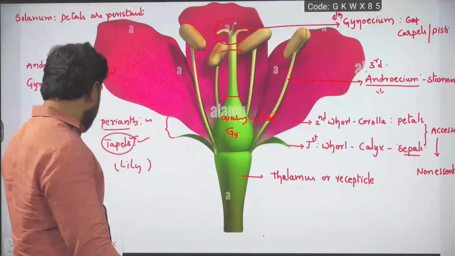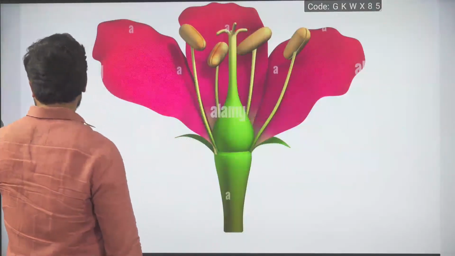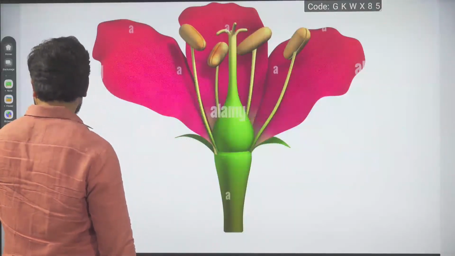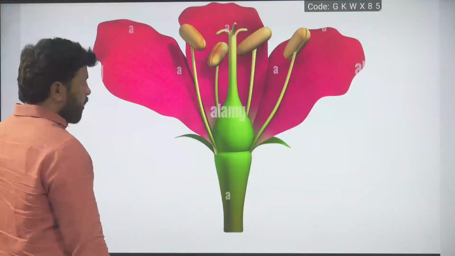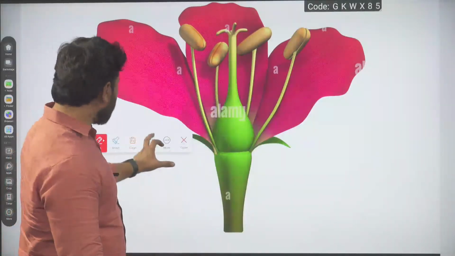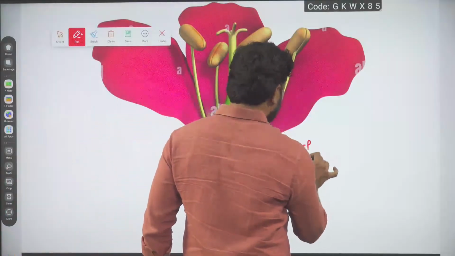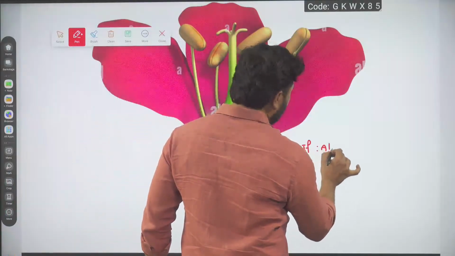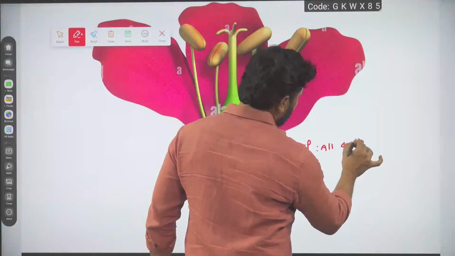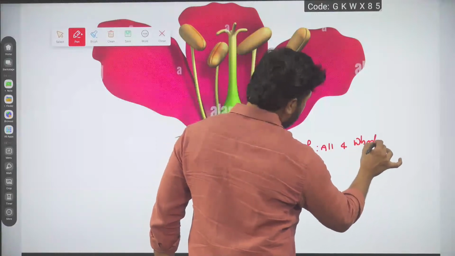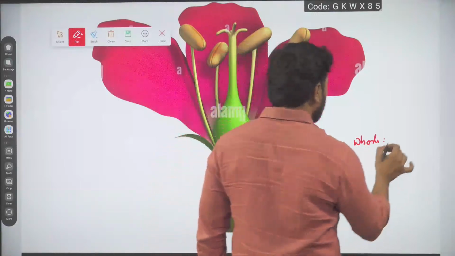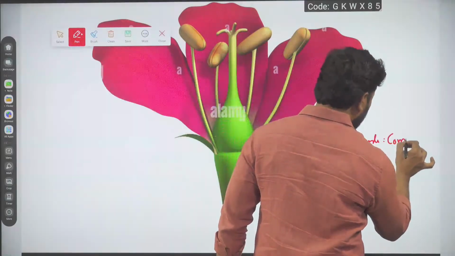Imagine we have a flower that has all these organs, that means all four whorls are present. That flower is called a complete flower.